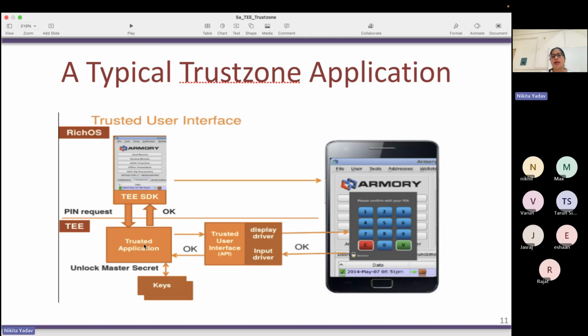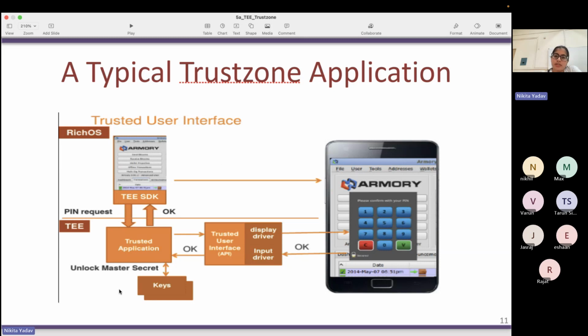So this can be one of the applications, say, in your payment apps. When you want to enter your, say, UPI pin, you do not want that UPI pin to be read by some other application or even that same application, right? You are entering your UPI pin, you do not want it to be leaked, right?